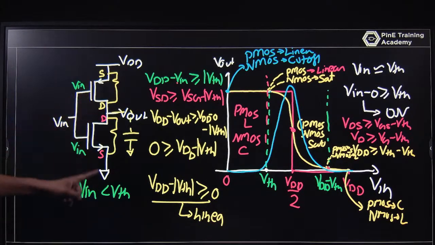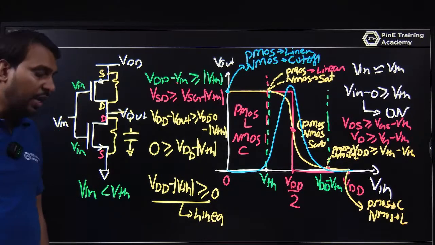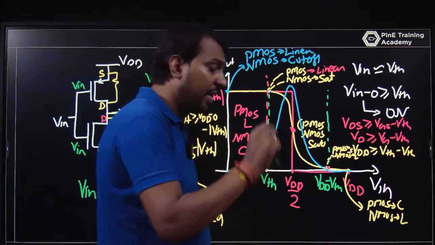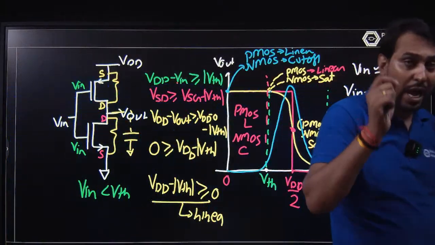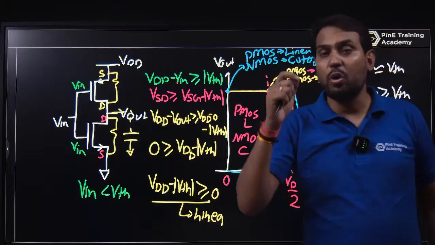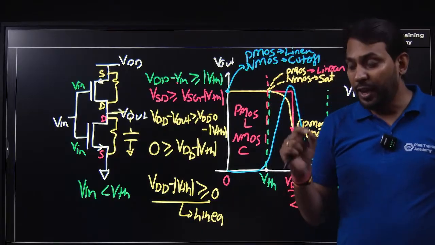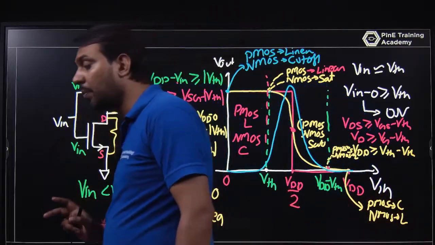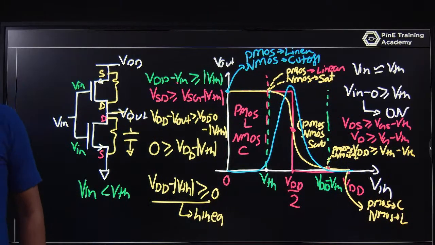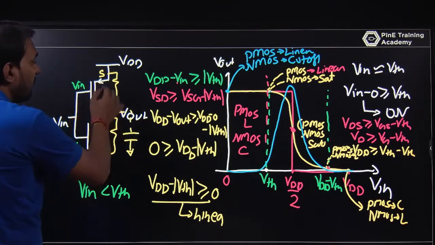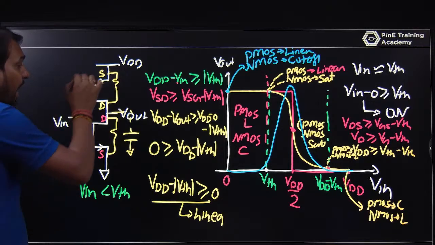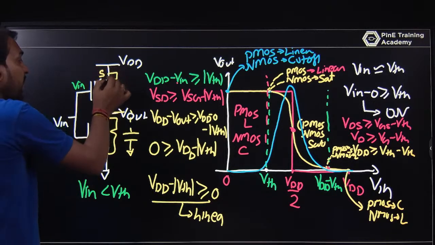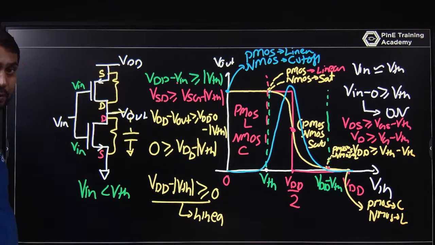The maximum power dissipation by the CMOS circuit happens when both MOSFETs are in saturation region. Why? Because both in saturation have maximum current, and VDD times that current will be your power dissipation.